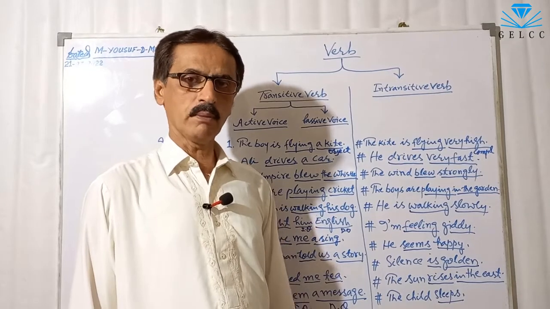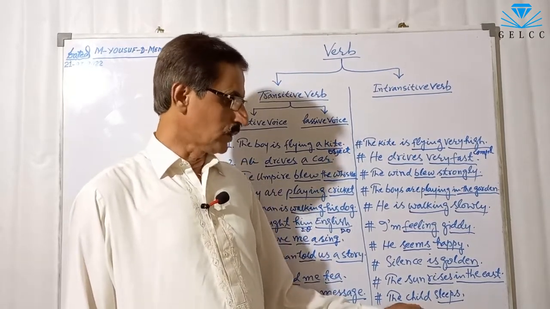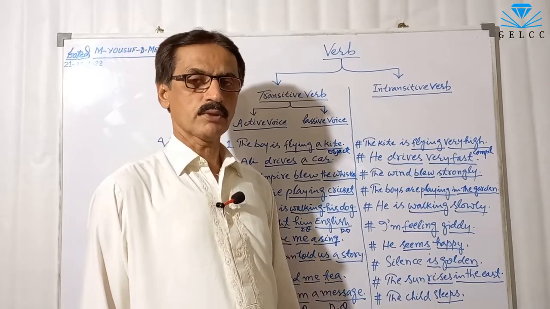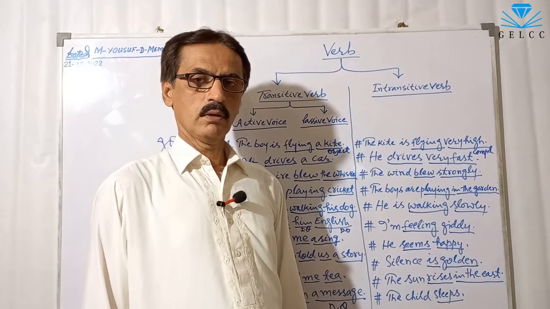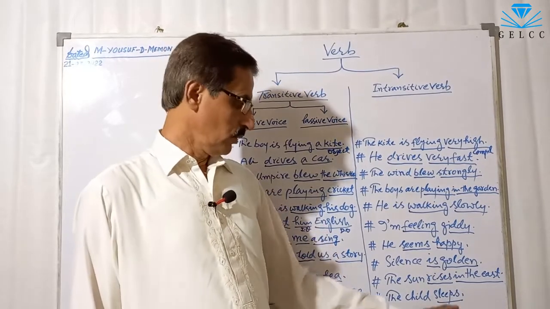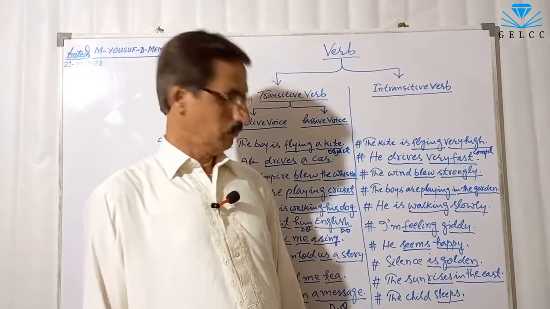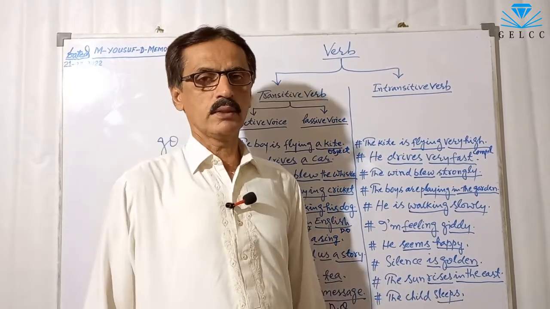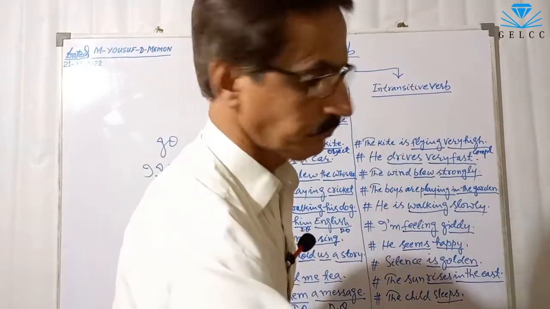In the room is the complement. How does the child sleep? He sleeps soundly. It is in the complement. So the verb sleeps is an intransitive verb. Here the complement is not mentioned. Keep this in mind.